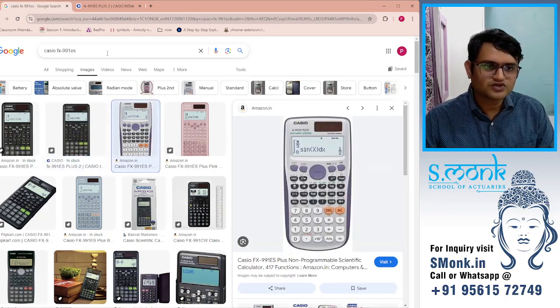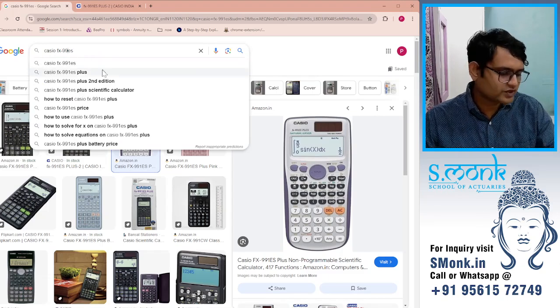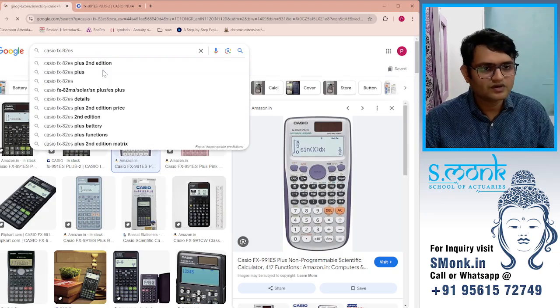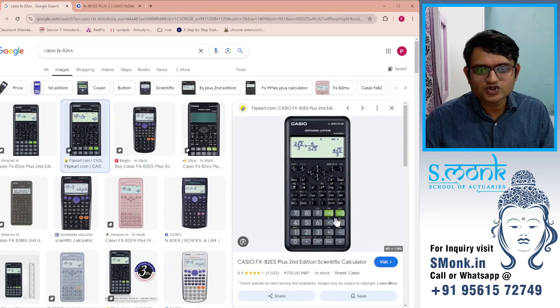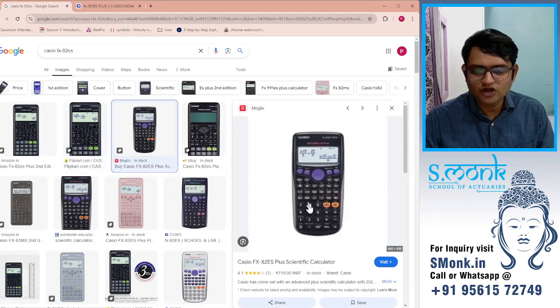You can see I've just searched Casio FX 991 ES. Similarly, you can search 82 ES. And you can see that 82 ES also looks almost the same. Just the functionalities are different. The look is exactly the same. This is how the old version looked.